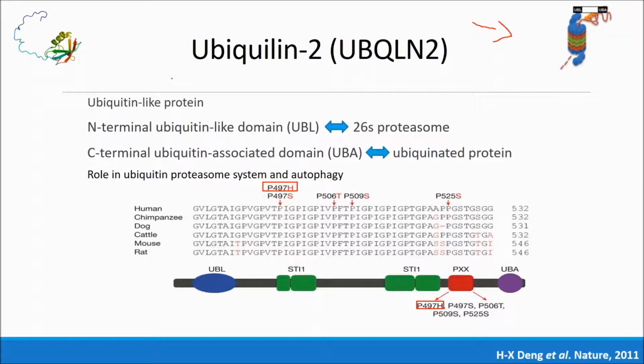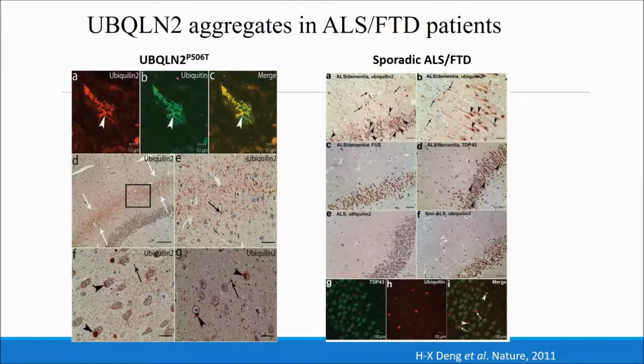So it's like a shuttling protein. It was discovered in 2011 to be mutated in certain familial cases. Either way, the mutation is rare, like 1% of the cases. The presence of Ubiquilin-2 in the aggregates is prominent, and it's present in all the cases, even the sporadic ALS and other forms of familial cases.